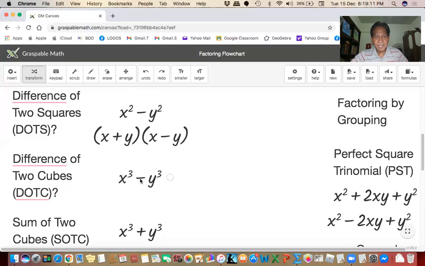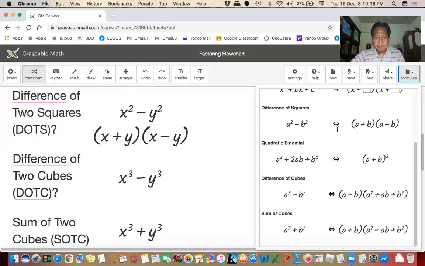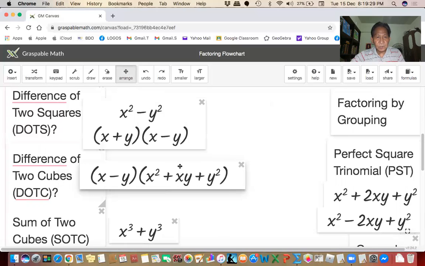Now let's see how a difference of 2 cubes would factor out. This is how it looks.